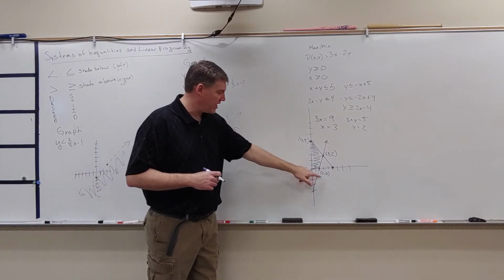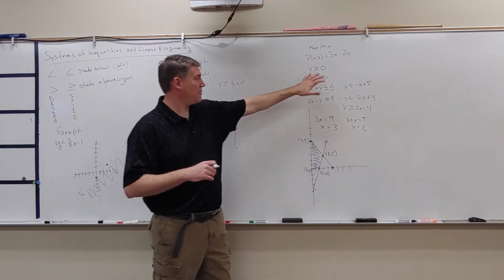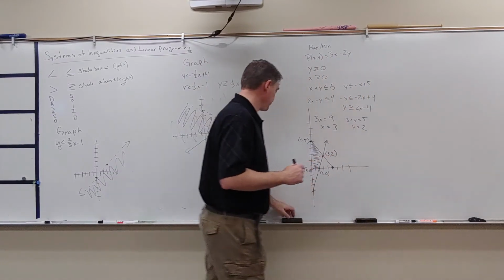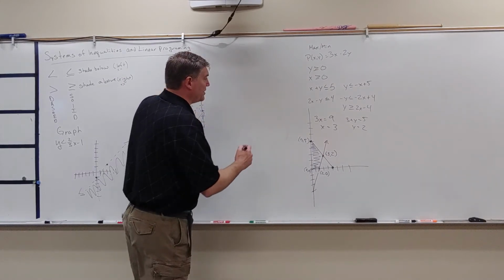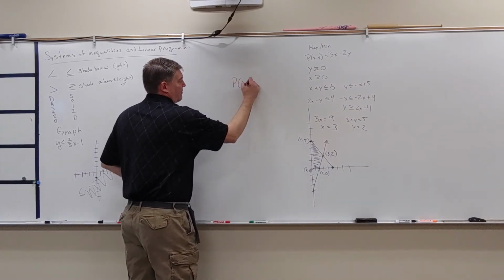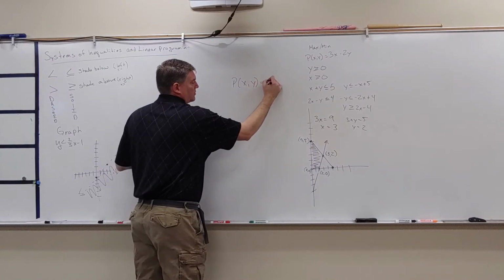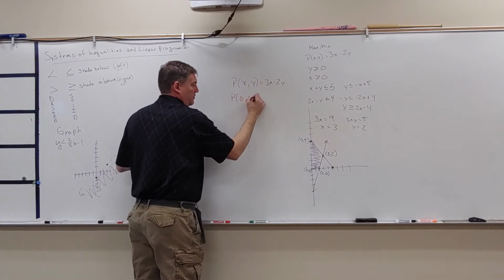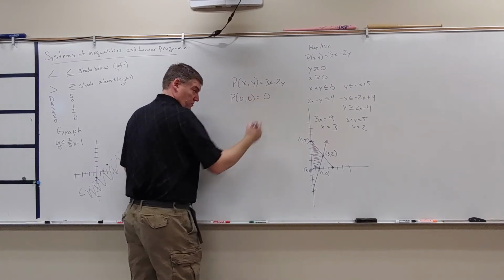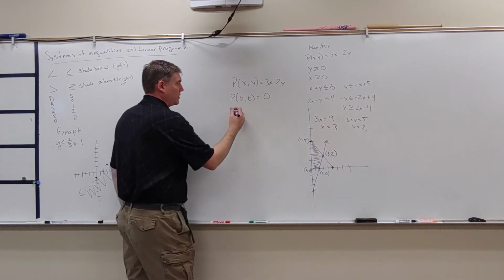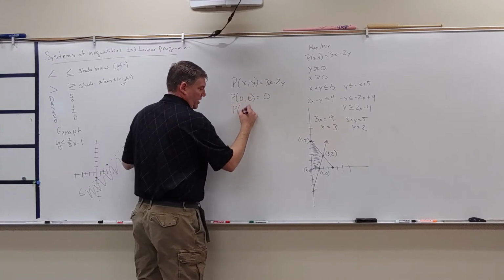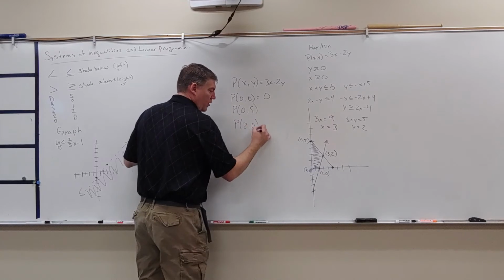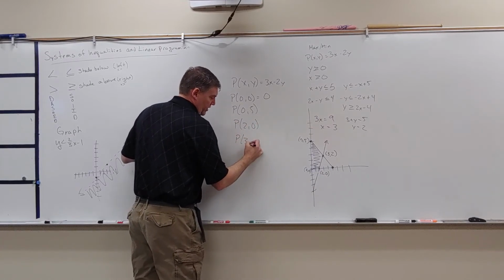I'm now going to take every single one of these points and plug it into this. Okay? So now what I'm going to do is take P of x, y equals 3x minus 2y. I'm going to find P of 0, 0. Well, that one's really easy. It's just 0. There's my 0. So now I have P of 0, 5, P of 2, 0, and P of 3, 2.